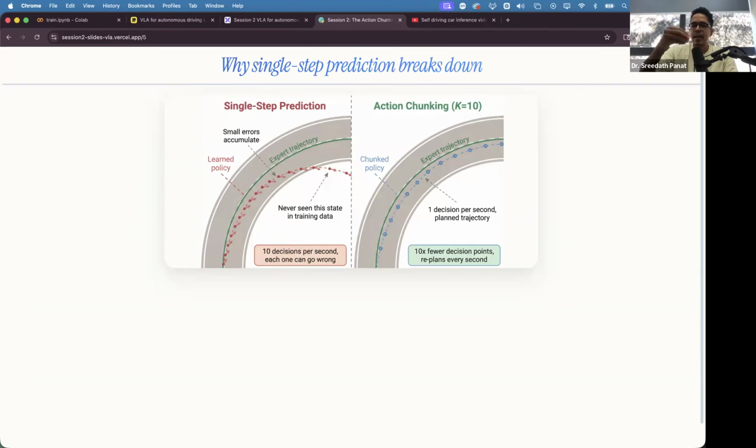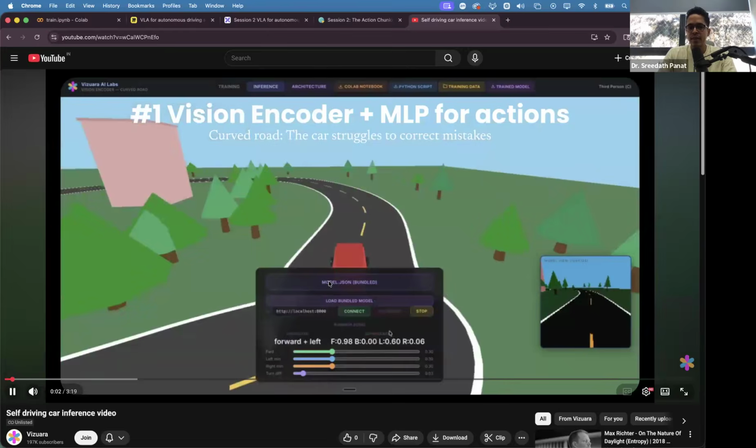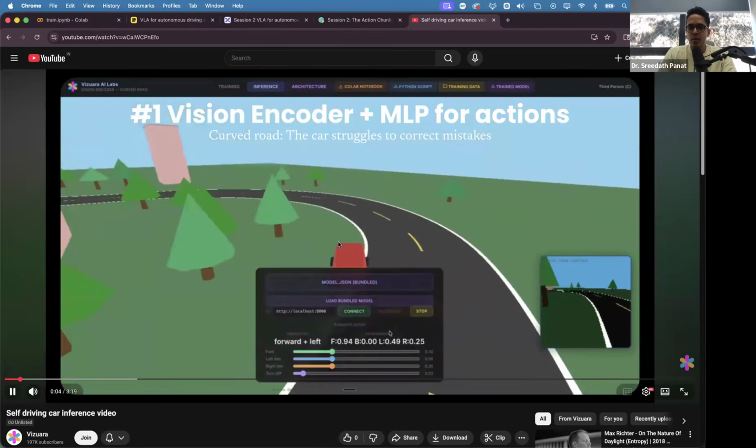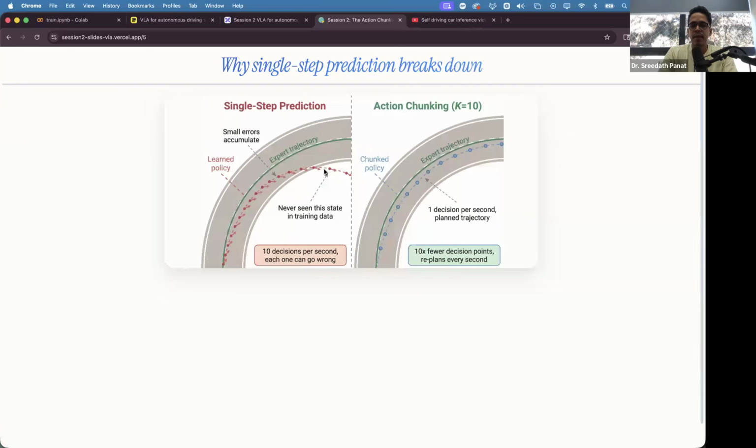Otherwise, as you will see in the example I showed you, the reason the car is failing spectacularly is that the moment it makes a mistake of going out of the road, it hasn't encountered such a situation in the training data, so it makes another mistake. From that mistake, it again makes a mistake. Those mistakes simply compound, and as shown in this figure, it simply goes out of the trajectory. Once it is out of the trajectory, it doesn't know what to do anymore because that training data is not there.